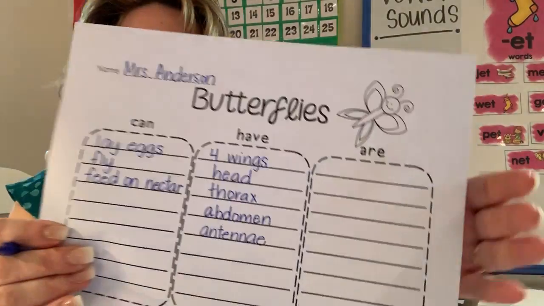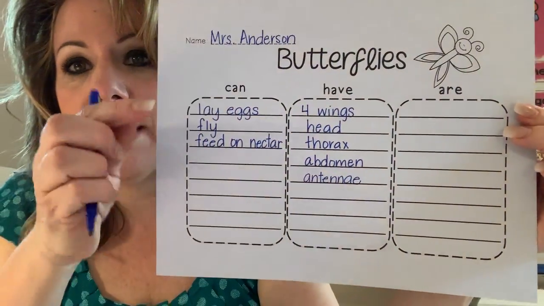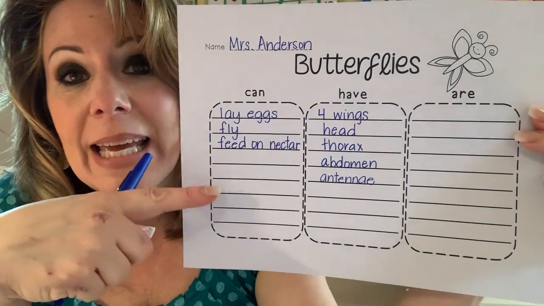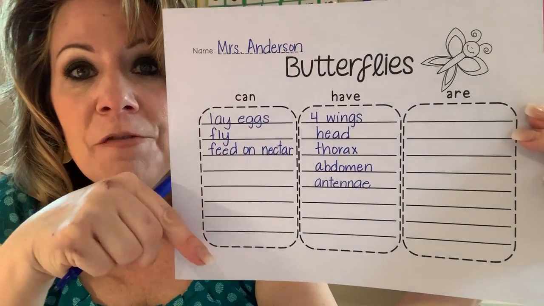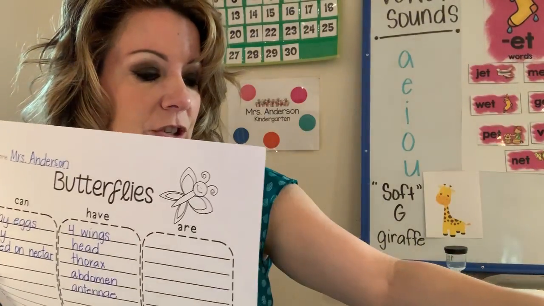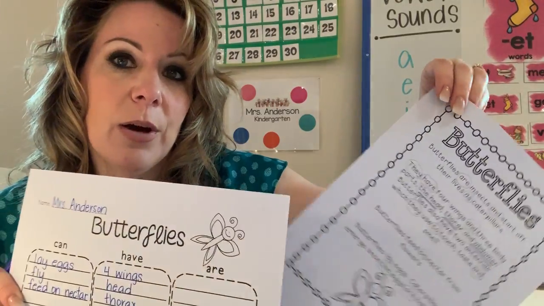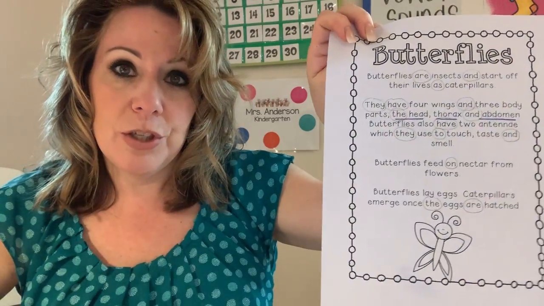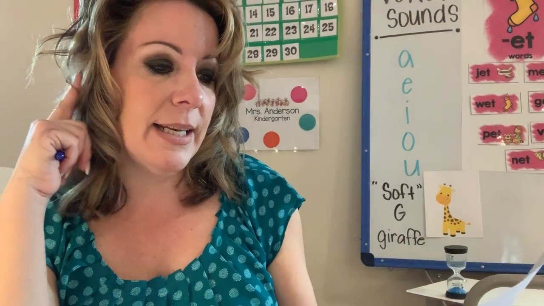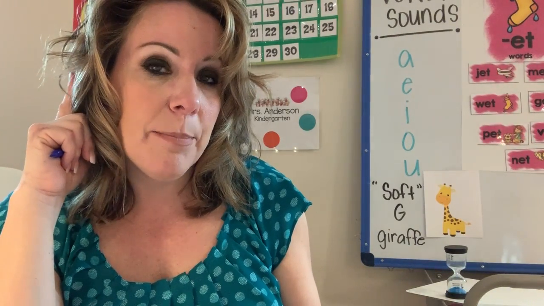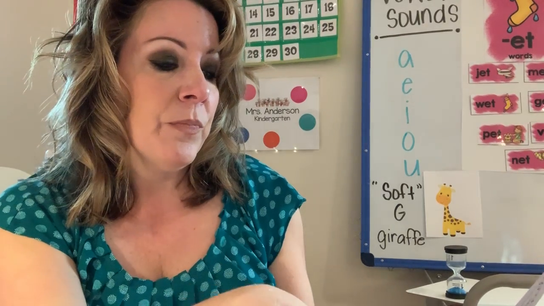And when I think about the antennae, it makes me think about something else that the butterflies can do. In our informational text, it talks about what those antennae help them to do. Okay, I'm just going to read this sentence, so I want you to listen. See if you can figure out what butterflies can do.